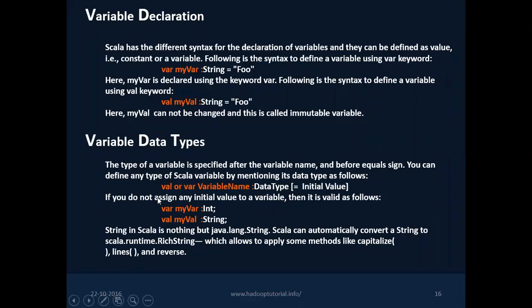And variable data types: you can either define them by specifying the colon after your variable name, or even if you don't declare, Scala is a type inference supported language. It identifies the data type based on the value that you have given to it.